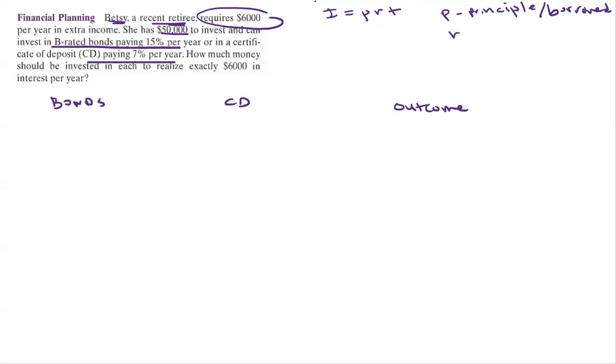Okay. R is representing the rate. And T is representing time, and that's per year. So we're going to be using this here. This is called the simple interest formula.